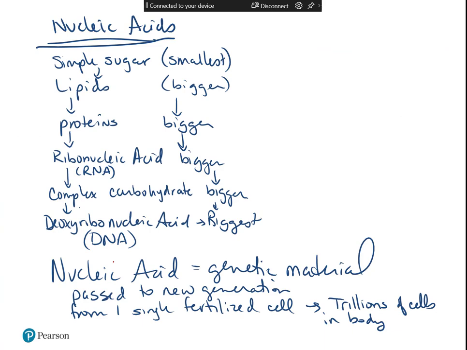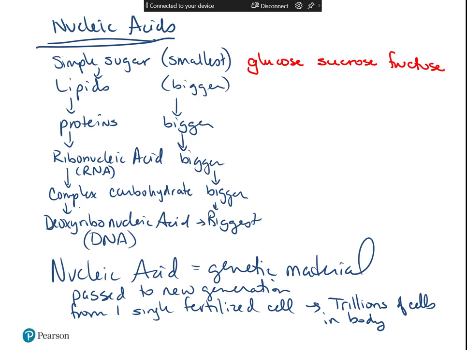If we went on a size comparison, the smallest of the biomolecules that we're talking about are the simple sugars, right? Remember, we're talking about stuff like glucose, sucrose, table sugar, fructose, fruit sugar, maltose, lactose. Those little sugars, the mono and disaccharides, are the smallest.